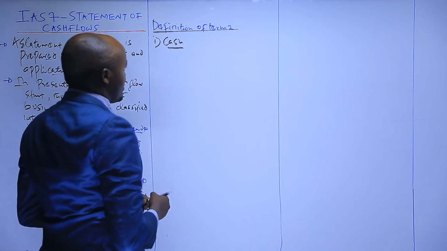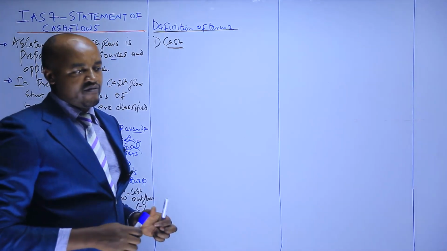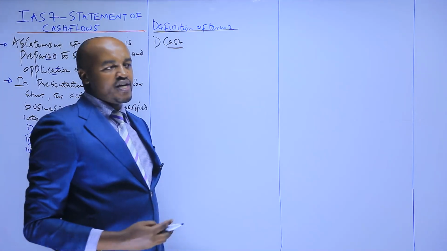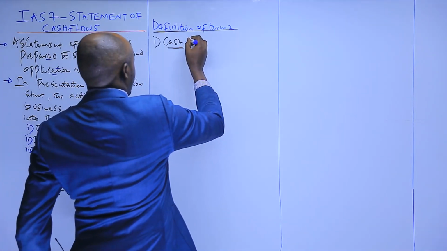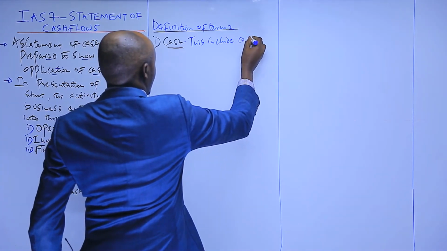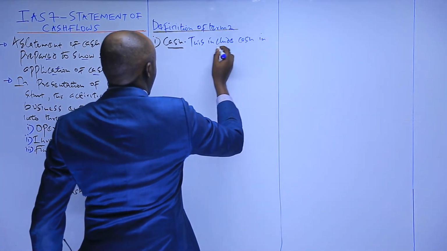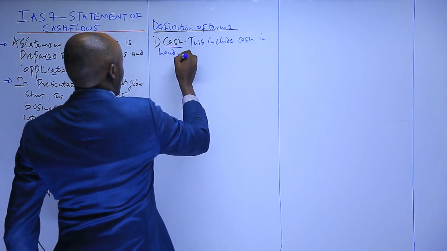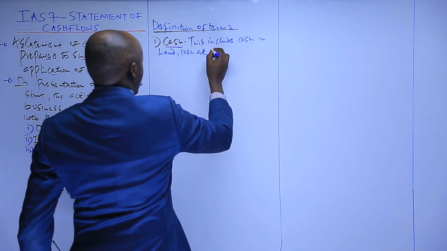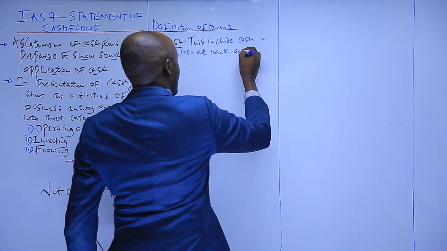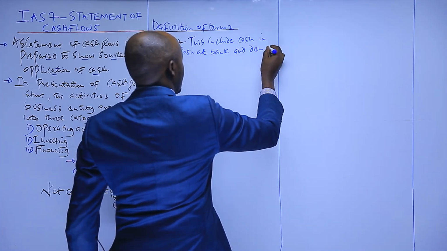In this case, when we talk about cash, we are talking of cash in hand, cash at bank, including something called the demand deposits.